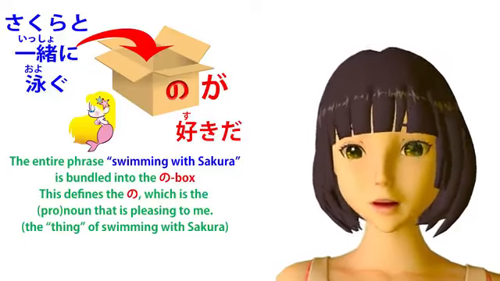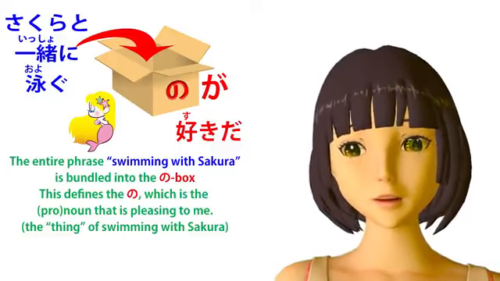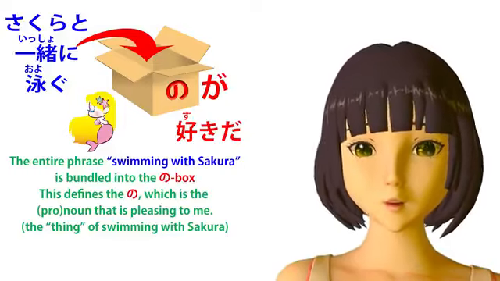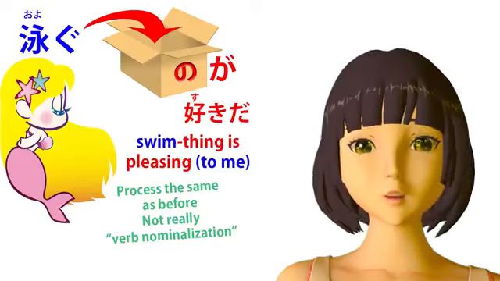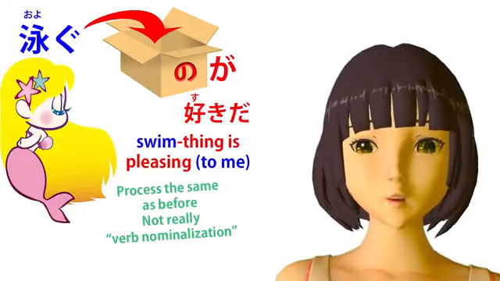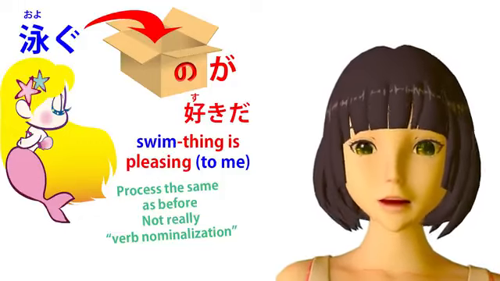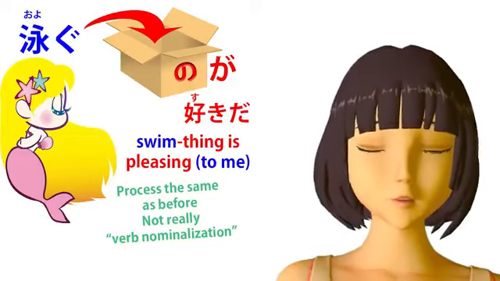And I've talked in various places about putting verb clauses into a no box or into a koto box. In some cases, of course, we may also be bundling into that pronoun literally a single verb. So if we say oyogu no ga suki da, we're saying I like swimming. And that means I like the activity of swimming. But again, this isn't what the i stem does.